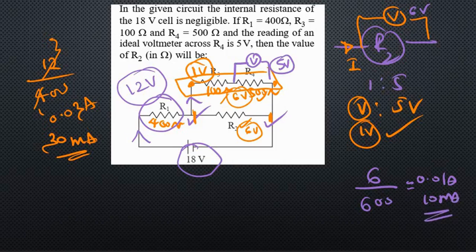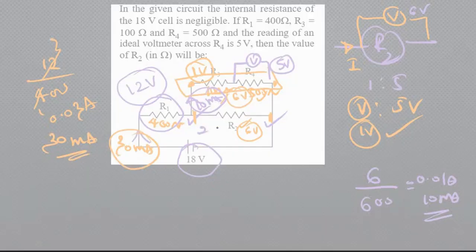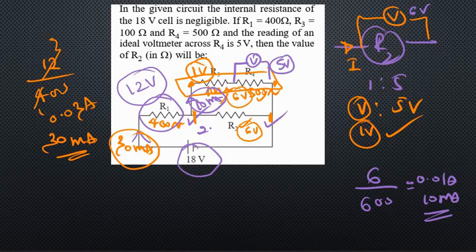Now we have the total current, 30 milliamperes, and the current through this branch is 10 milliamperes. The rest of the current from this 30 will go through R2, 20 milliamperes. So the current through R2 is 20 milliamperes.